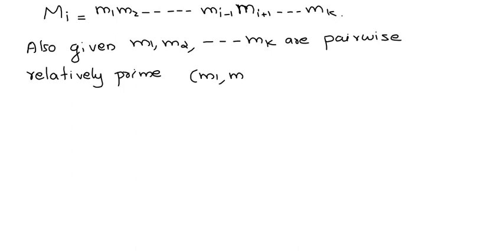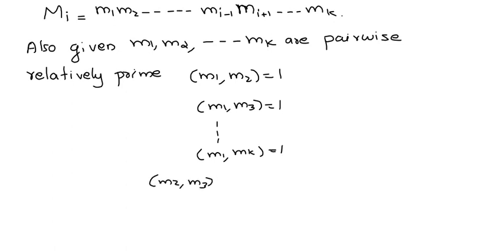Pairwise means GCD of m1, m2 is 1, GCD of m1, m3 is 1, etc., GCD of m1, mk is 1. Now GCD of m2, m3 is 1. Taking any two moduli, if we take any pair of moduli, that GCD is always 1.